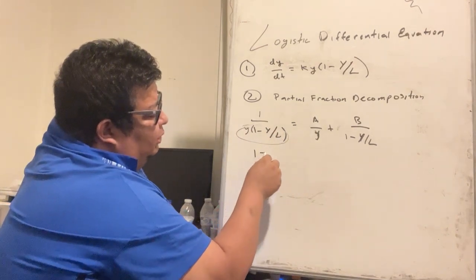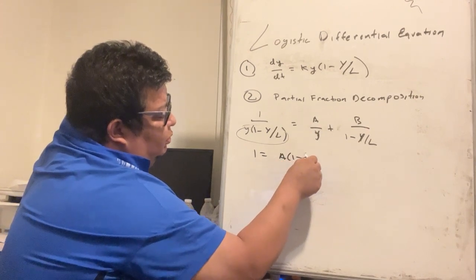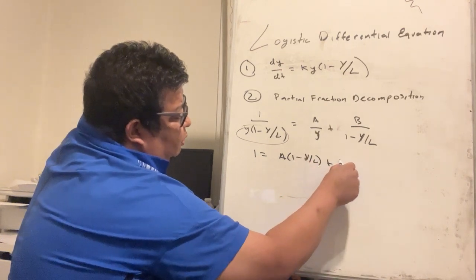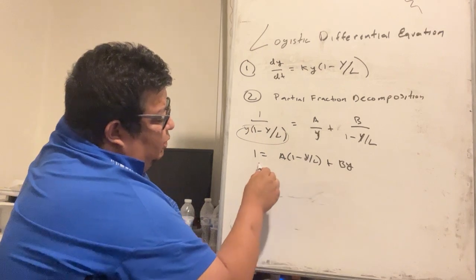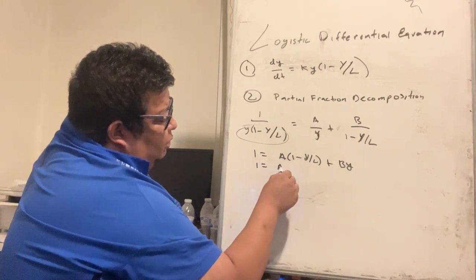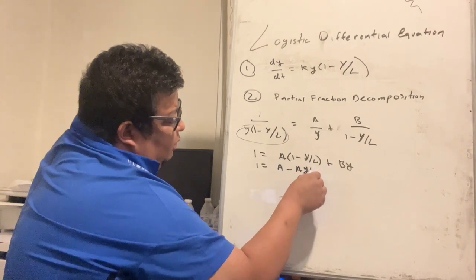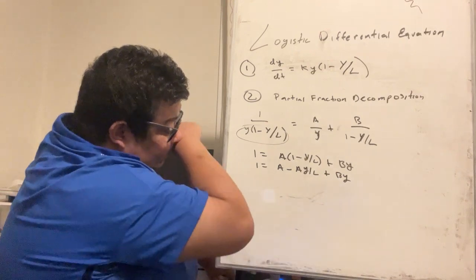So we're left with 1 equals A times (1 minus y over L) plus B y. Then we distribute, so 1 equals A minus A y over L plus B y.